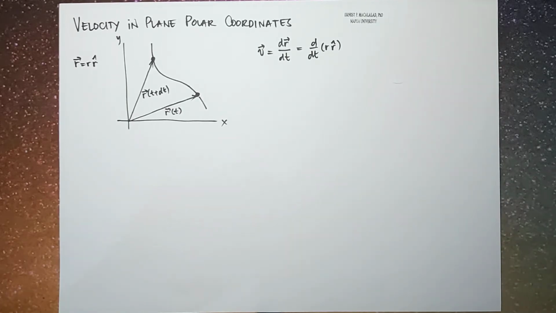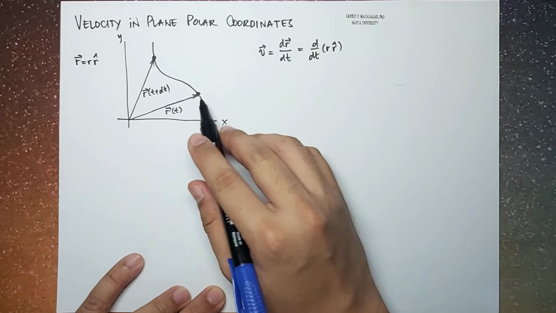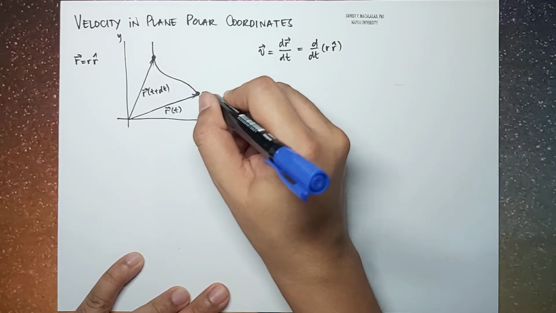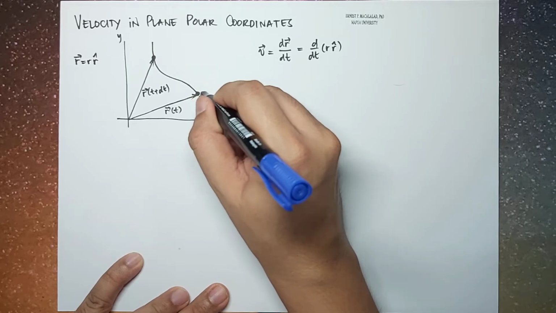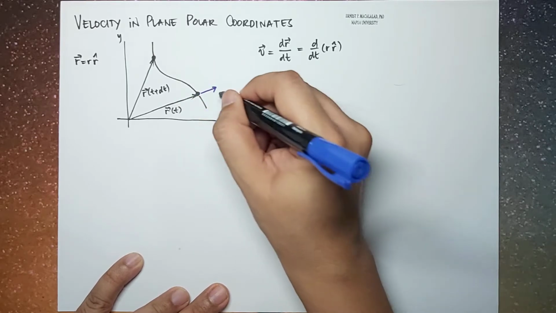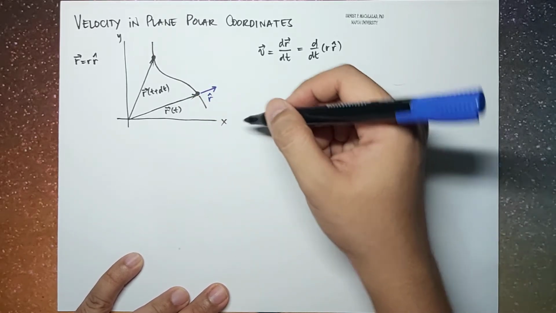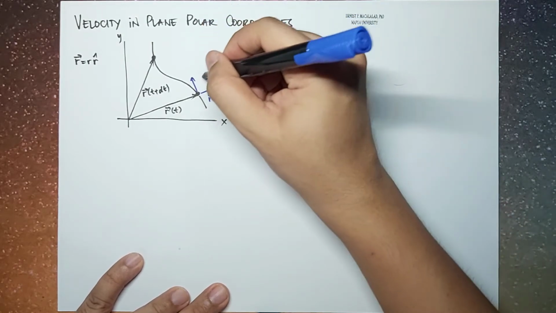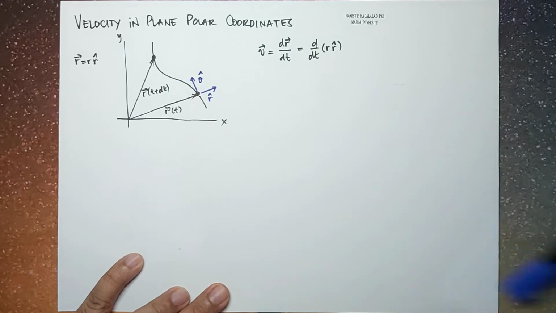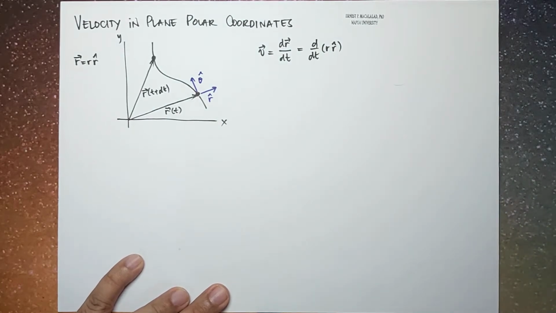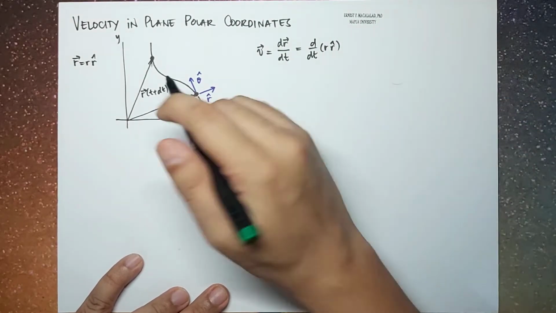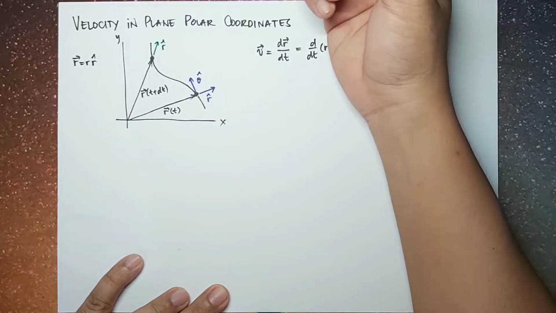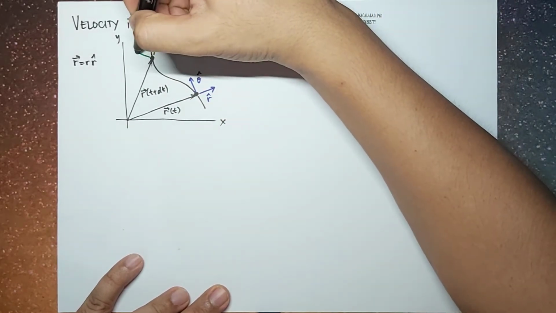You will notice that at the initial position, r hat will be in this direction, while theta hat is in this direction. However, at this position, r hat will now be in this direction, and theta hat will now be in this direction.